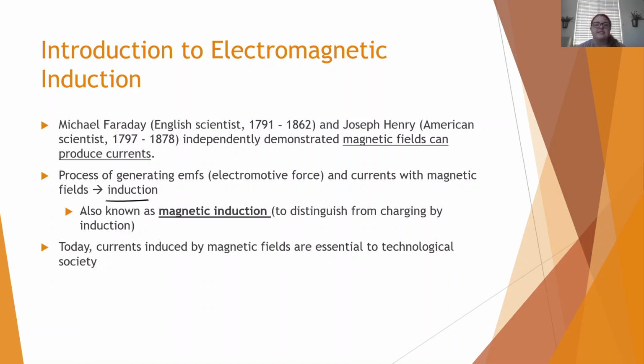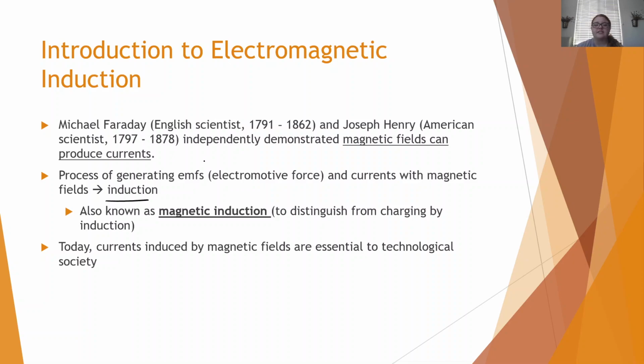This idea came from Michael Faraday, who was an English scientist, and Joseph Henry, an American scientist, and each of them independently demonstrated that you can produce a current using magnetic fields. In the last section, we found that currents will produce a magnetic field.